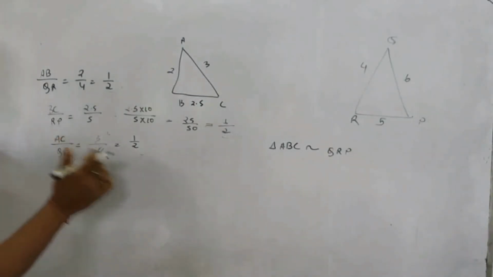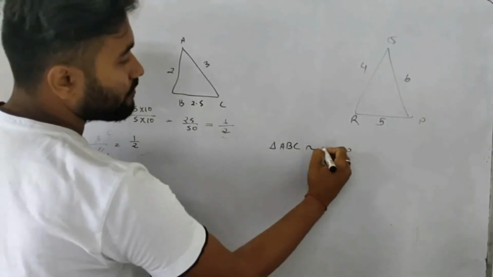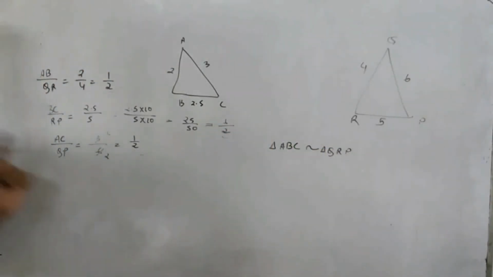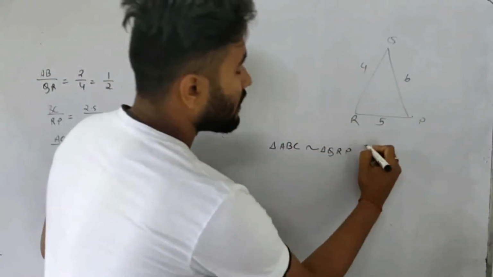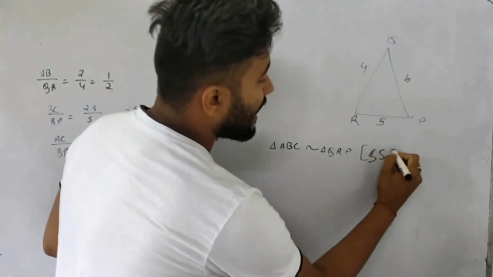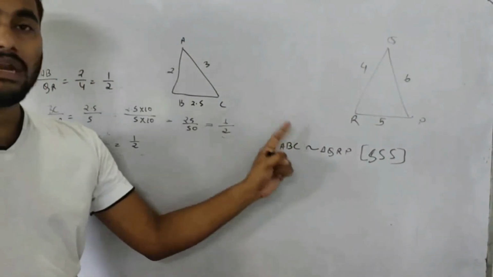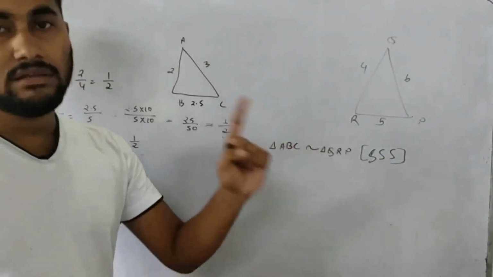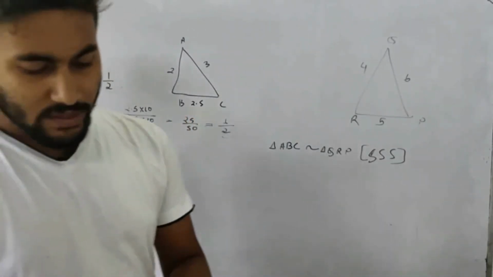With AC what will come? QP will come. So triangle ABC is similar to triangle QRP, not PQR. Criterion you write side, side, side. But keep in mind you have to write triangle ABC similar to triangle QRP. Understood? Not PQR. So this way you have to check.